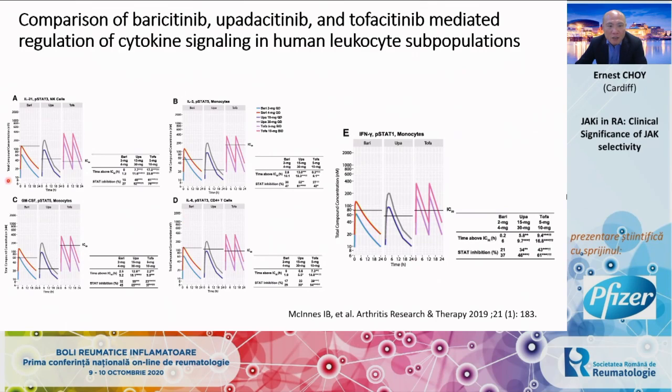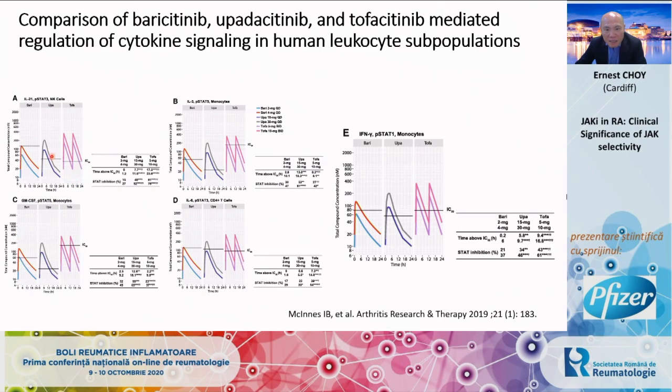What he illustrates in this slide is that the inhibition mediated by JAK inhibitors is not 24/7. So on the horizontal axis is the inhibition observed over a 24-hour period, and these horizontal lines are the IC50. So when you are above the IC50, you are achieving significant inhibition. If you are below the IC50, you are starting to lose inhibition.